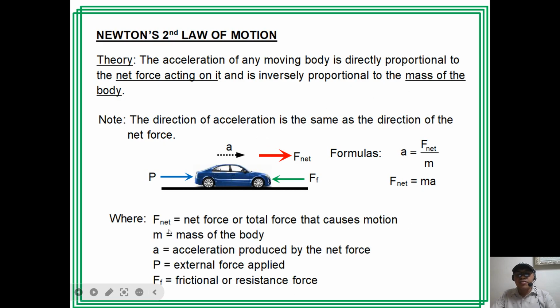So we have here the notations used. F net is the net force, M is the mass of the body, A is the acceleration, P is any external force applied. There may be many applied forces, and F is the friction or any resistance force acting on the body.